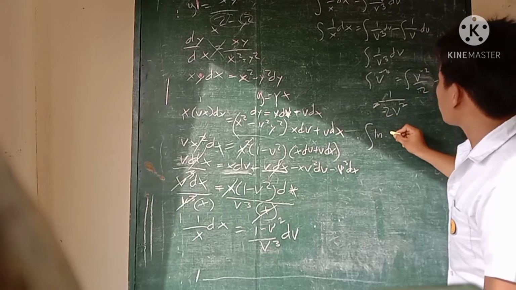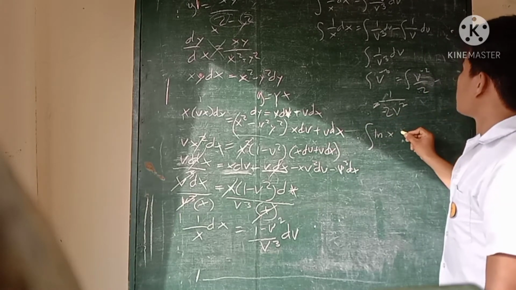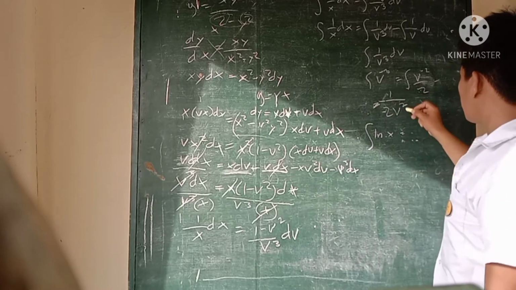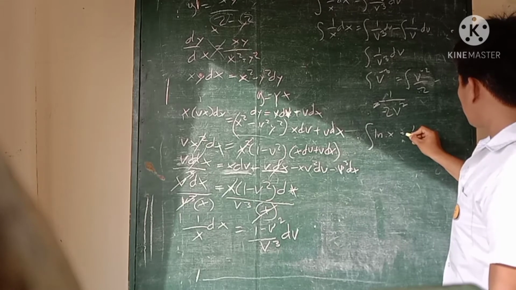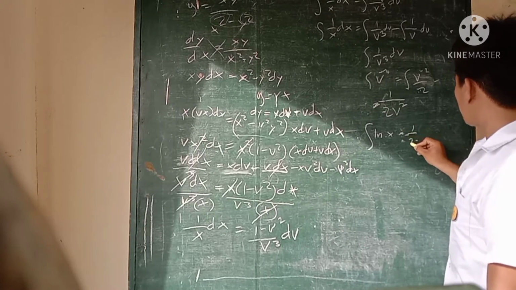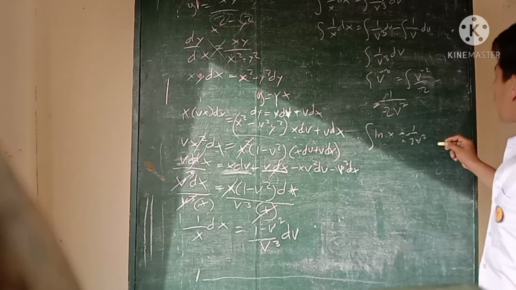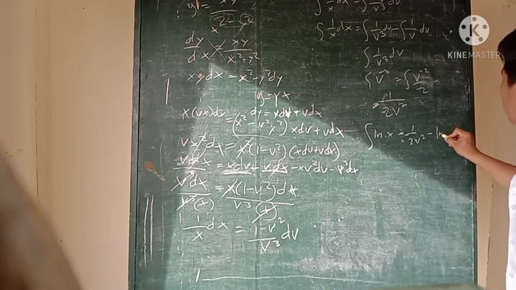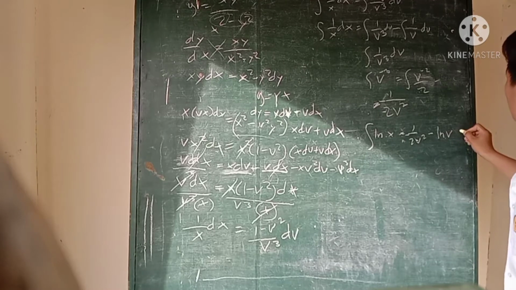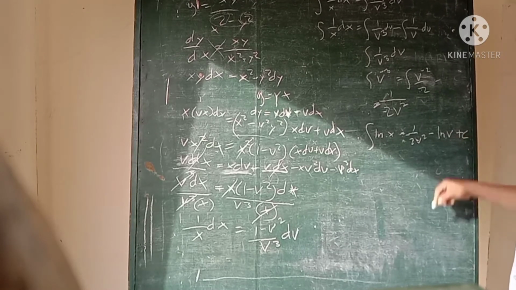So ln x equals negative 1 over 2v squared minus the integral of 1 over v squared, which gives 1 over v, so minus ln v plus c.